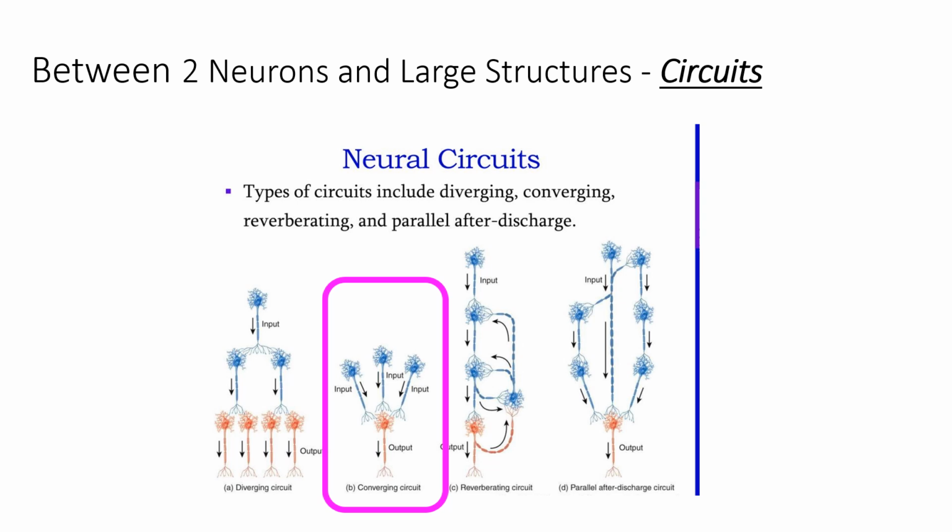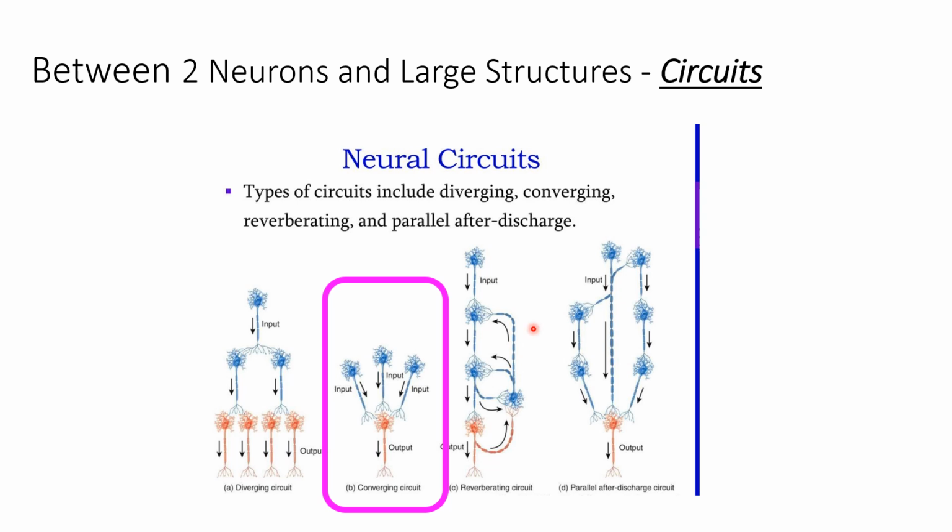In fact, it's well understood that if you somehow could systemically activate the parasympathetic system from top to bottom in your body, it would be extremely unpleasant when you think about defecation and micturition and salivation, nasal secretions, tears, all sorts of things like that. So the parasympathetic outflow from the central nervous system generally will target a given system, and that's what we call a converging circuit, if you will.